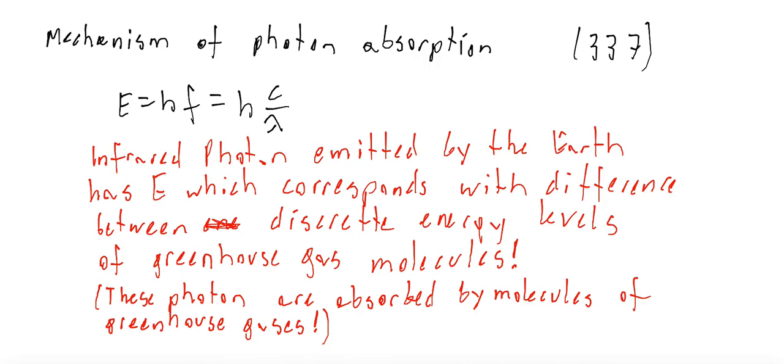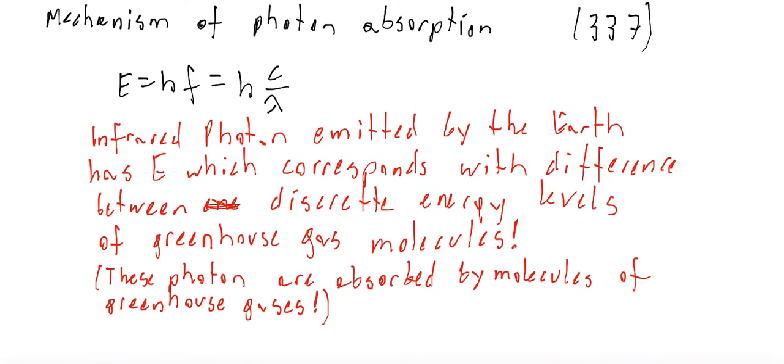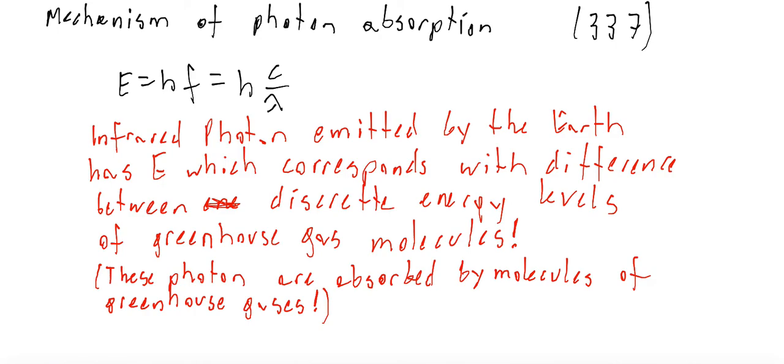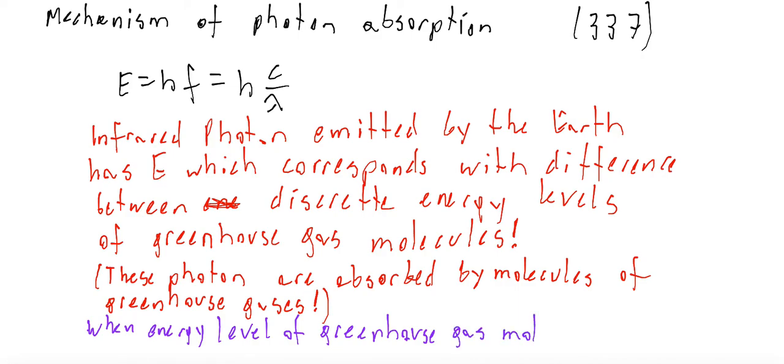Is it clear? Okay, and moreover, you know that when a molecule absorbs a photon, it is promoted to a higher energy level. But a molecule cannot be excited all the time. So when the energy level of the greenhouse gas molecule decreases, then what happens?